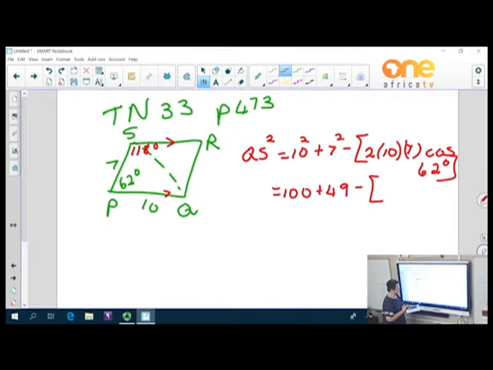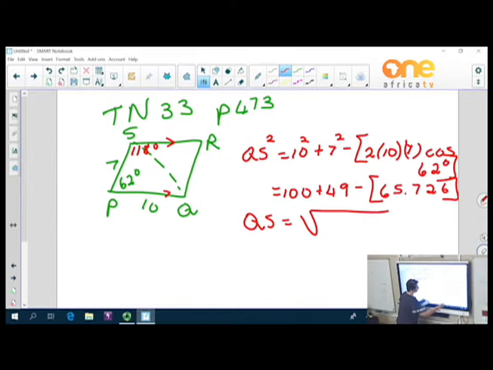2 times 10 times 7 cosine 62 is equal to 65.726. So now we add it here. We want to calculate QS, so we're going to root the answer that you got there. 100 plus 49 minus 65.726.